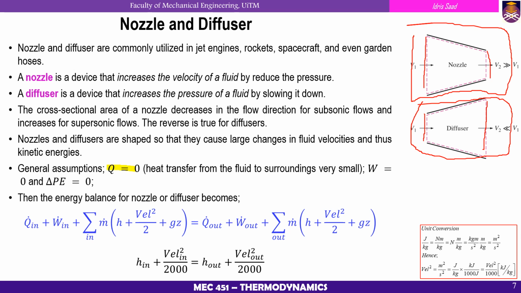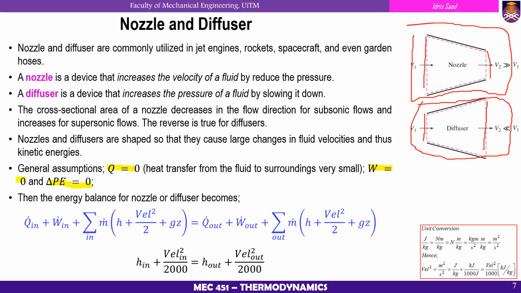Next, the nozzle and diffuser do not involve any work, so the work on the nozzle and diffuser is equal to 0. And finally, we assume that the potential energy is equal to 0.